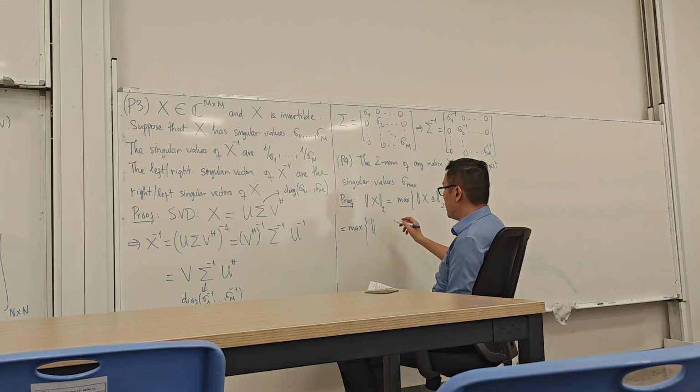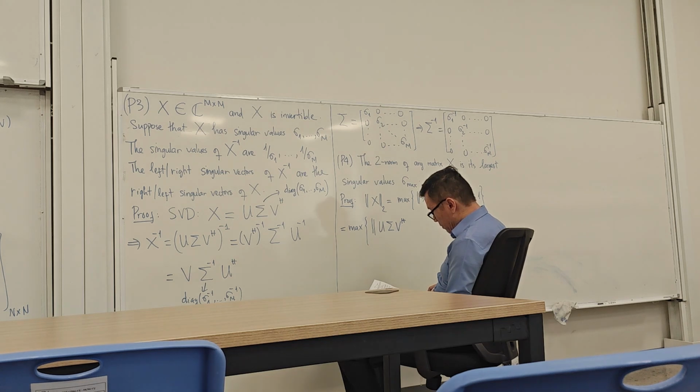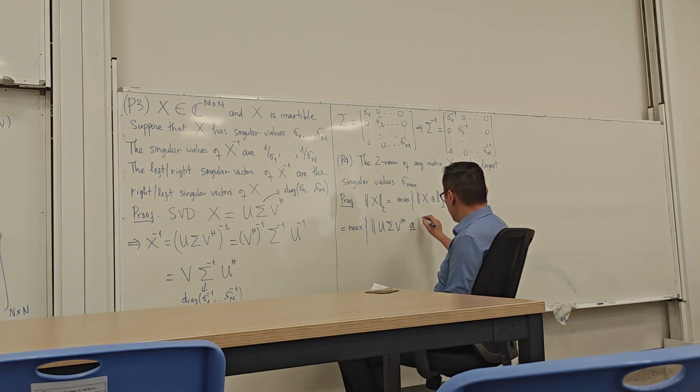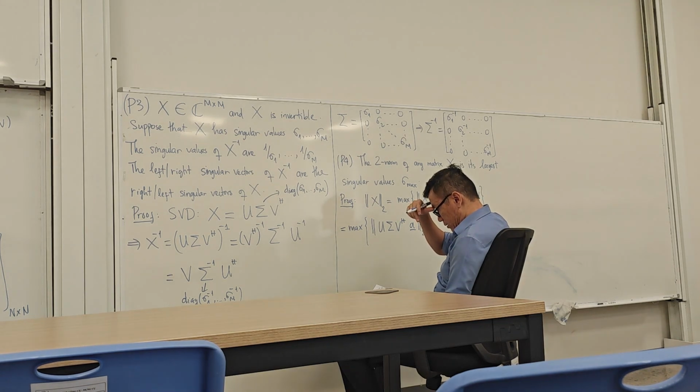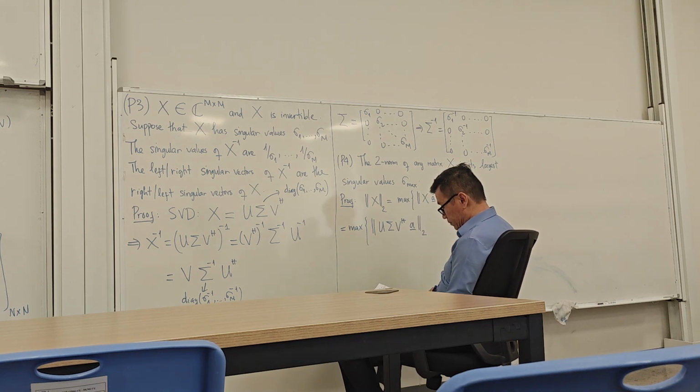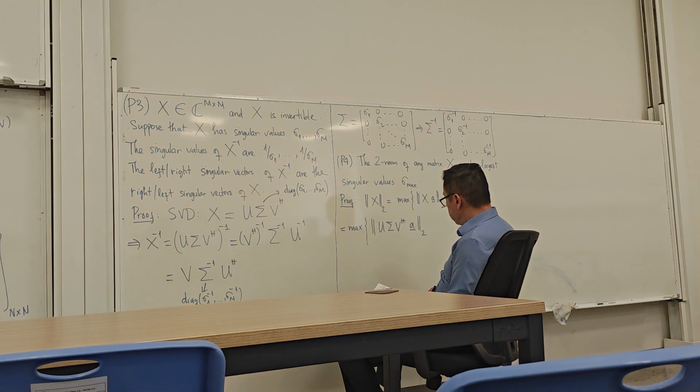I can replace X by U sigma V Hermitian transpose, multiplied with vector A, and the L2 norm, with the L2 norm of A equal to 1.